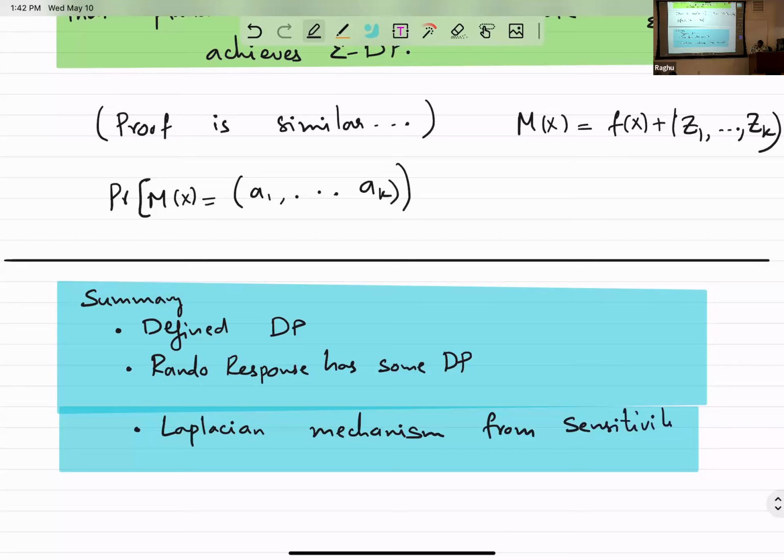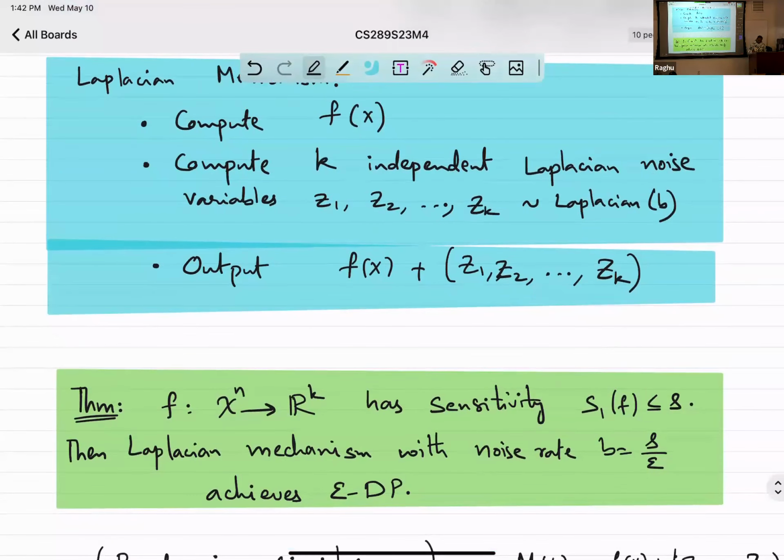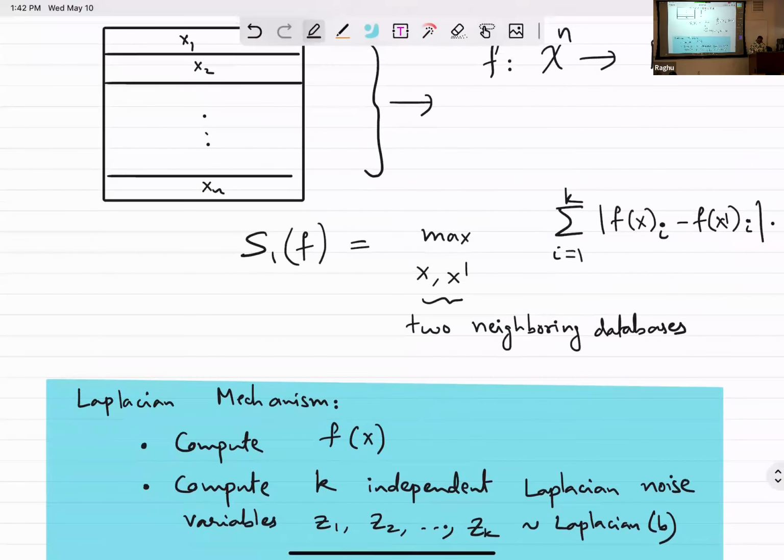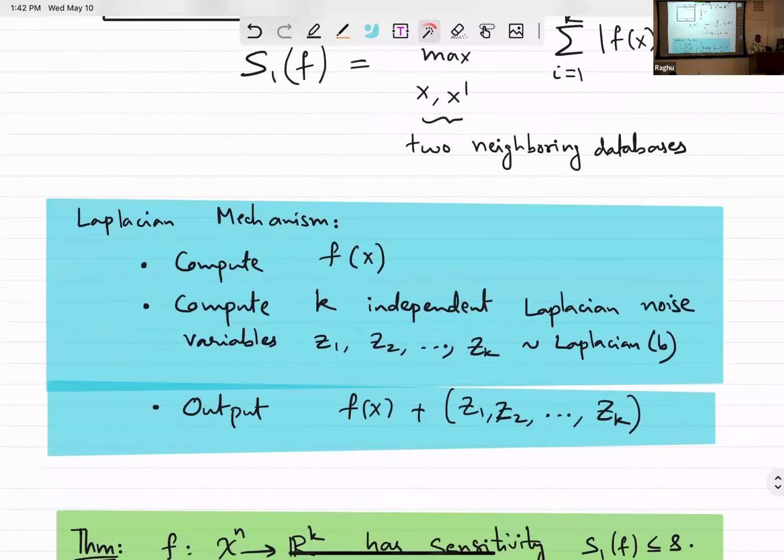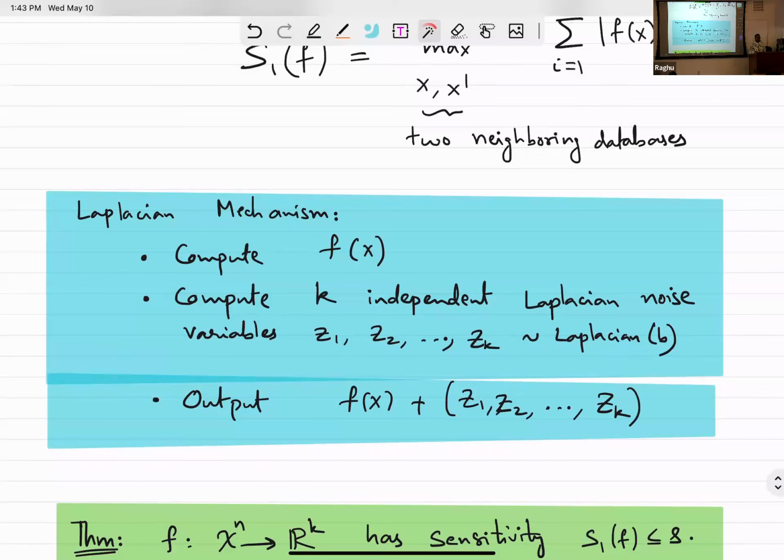As long as I have a sensitivity bound, or global sensitivity, I'm calling it global sensitivity because the condition on the sensitivity is over any two worst-case databases. As long as I know that the function values don't change much, I have this nice property. So then I can get differential privacy and so on. All right, any questions about this?